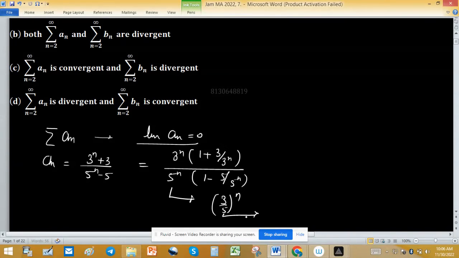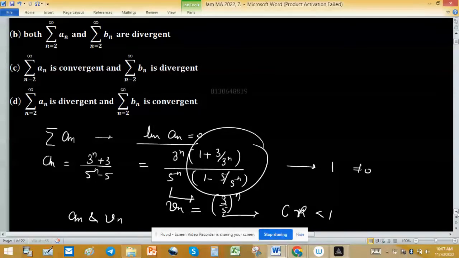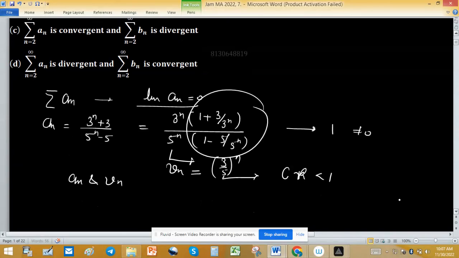This is a geometric progression with common ratio less than 1, and this is a geometric series. So consider Vn. The limit of this expression is 1, not equal to 0. So an and Vn behave alike because Vn is convergent. That's why an is convergent.